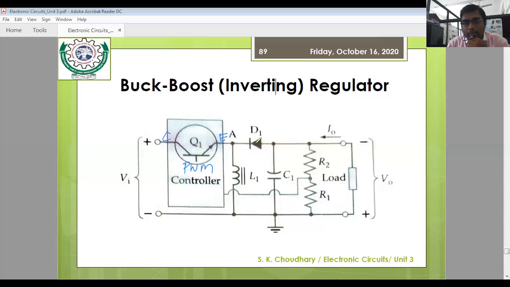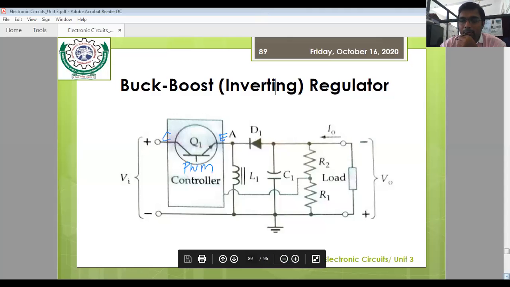The diode is connected in such a way that when the switch is on, it is reverse biased. When the switch is off, it is forward biased. The other connections are as in the previous boost regulator and buck regulator. There is no change in the other connections. All the connections are as usual.